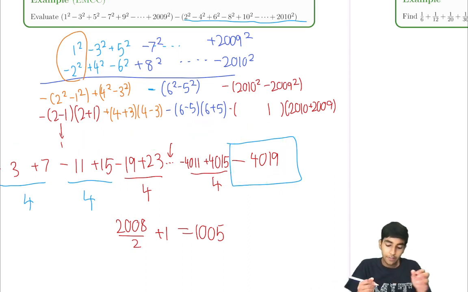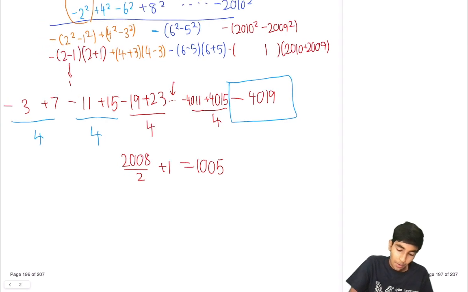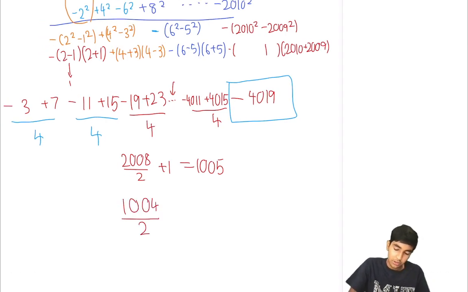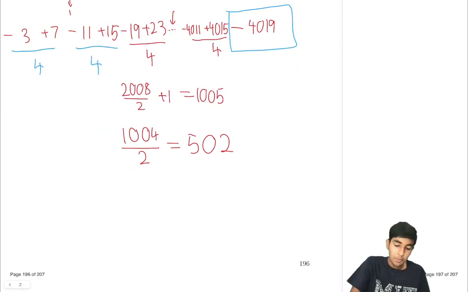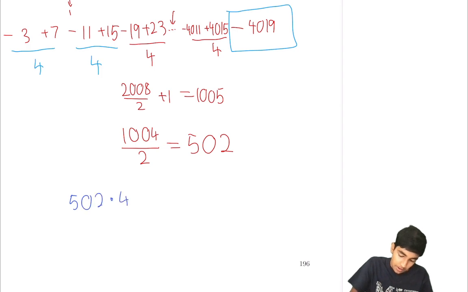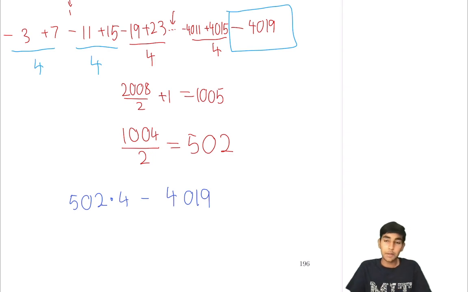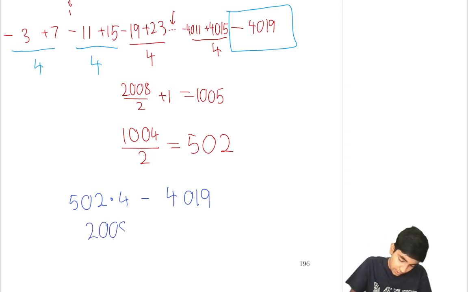And that means that out of these 1005 terms, 1004 of them pair together into 1004 divided by 2 equals 502 pairs. So 502 pairs that equal 4. 502 times 4 minus 4019. 502 times 4, that's 2008. Minus 4019, that's negative 2011. And that is our answer.